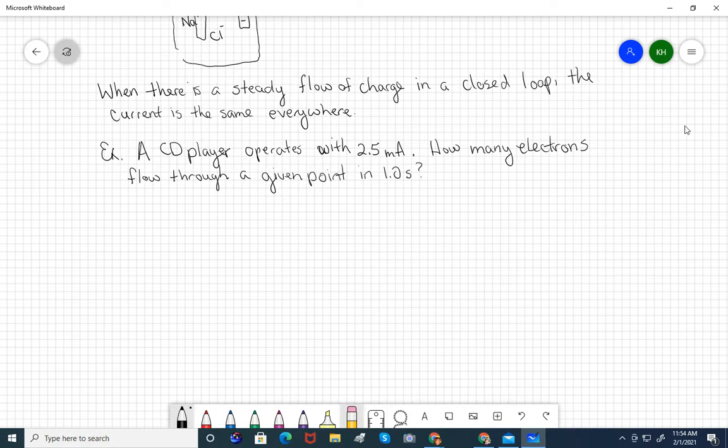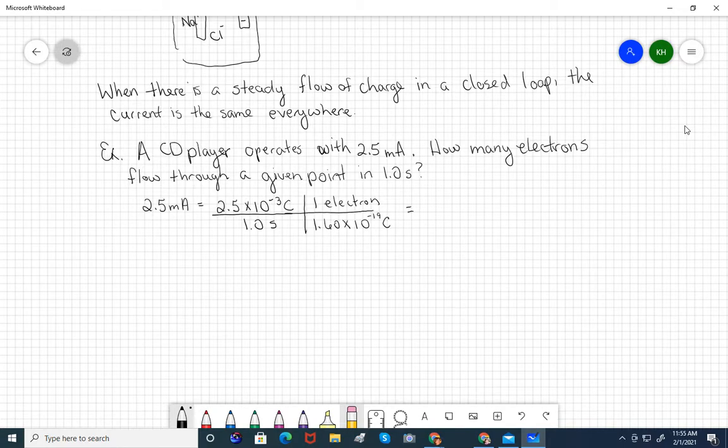Well, let's start with, we have 2.5 milliamps, which is the same thing as saying we have 2.5 times 10 to the negative 3 coulombs in 1 second, per second. If I want to know how many electrons that is, I just need to realize I have to multiply by the fact that one electron has a charge of 1.6 times 10 to the negative 19 coulombs.